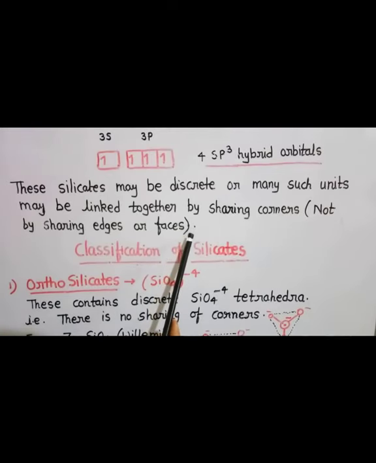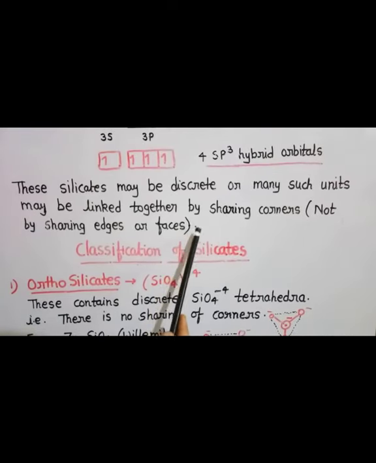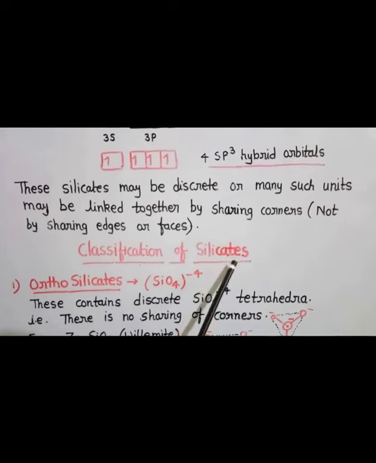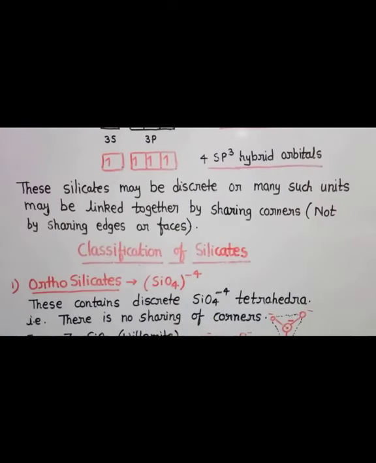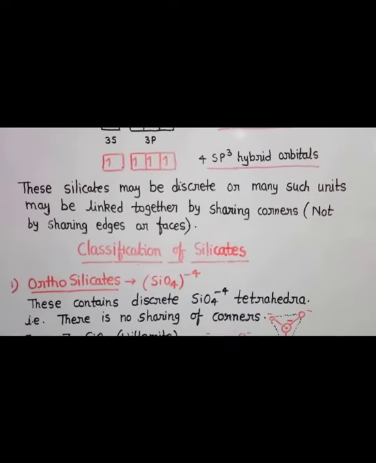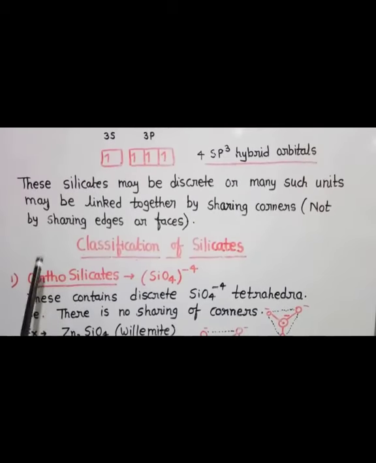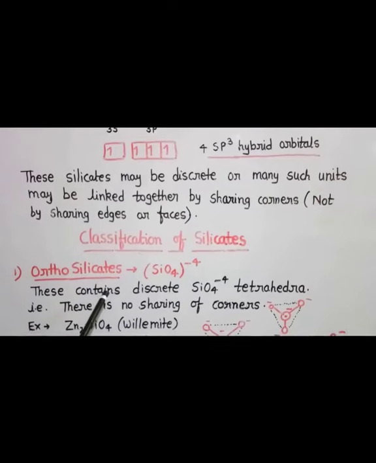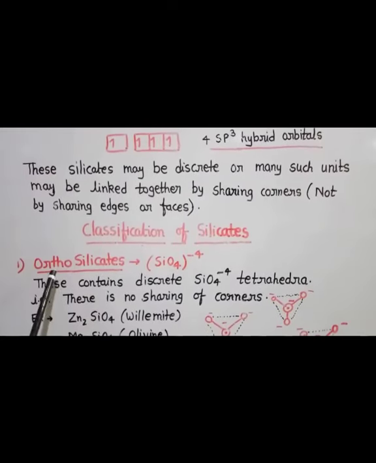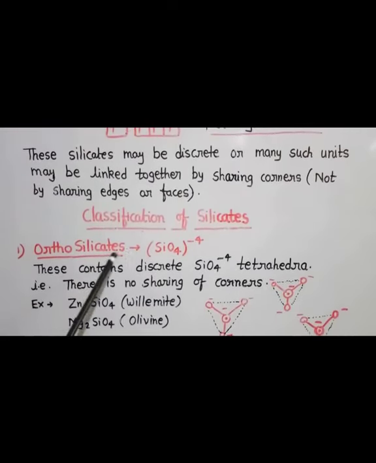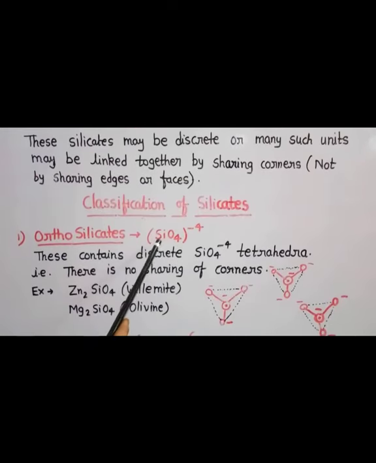Nearly 95% of the earth's crust is composed of silicate minerals and silica. The glass and ceramic industries are also based on the chemistry of silicates.